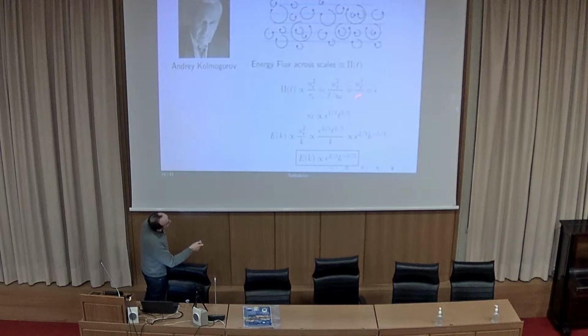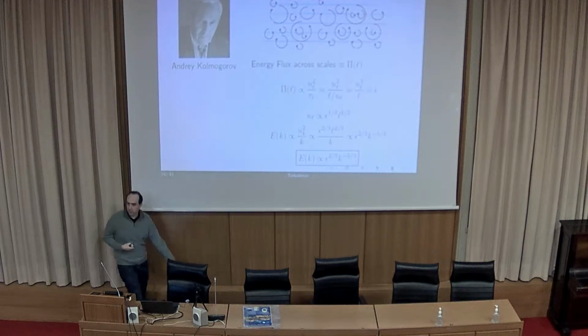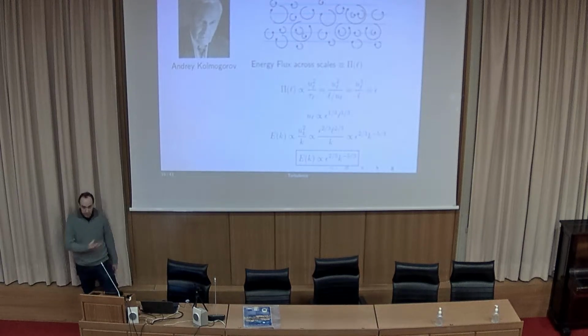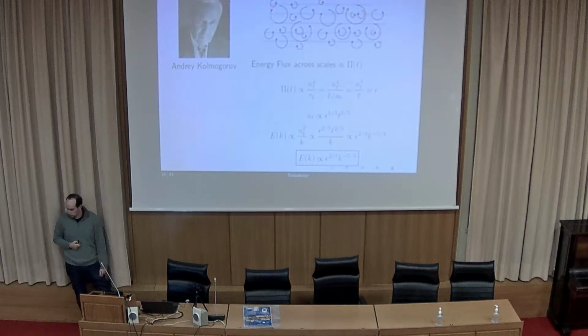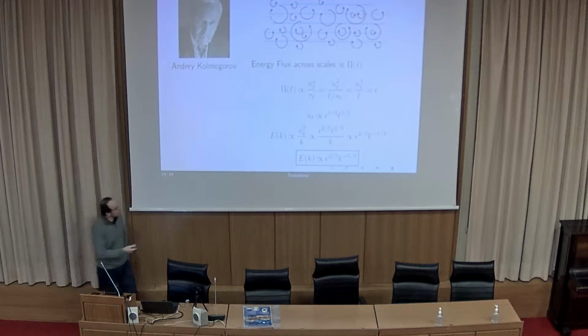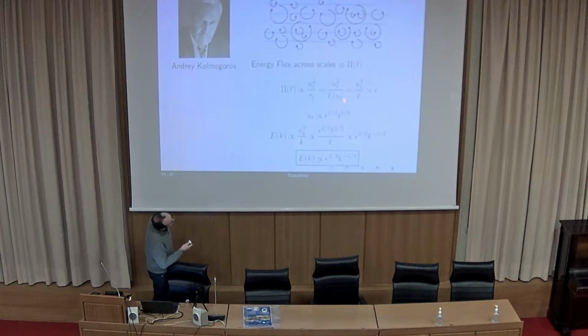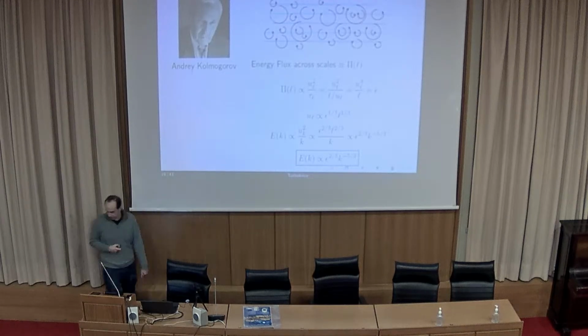U cubed divided by L should be proportional to the flux of energy across scale. And that should be equal to the rate that you finally dissipate energy at small scales, or to the rate that you inject energy at the top. Okay, so we get a relation between the velocity and the scale, but this is a constant. So the velocity scales like L to the 1/3.